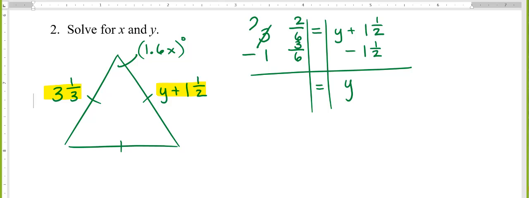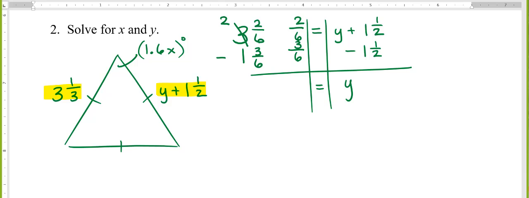I need to make that into a 2. And I'm going to scoot everything over a little bit. So this became a 2. And I had 2/6 minus 1 3/6, right?